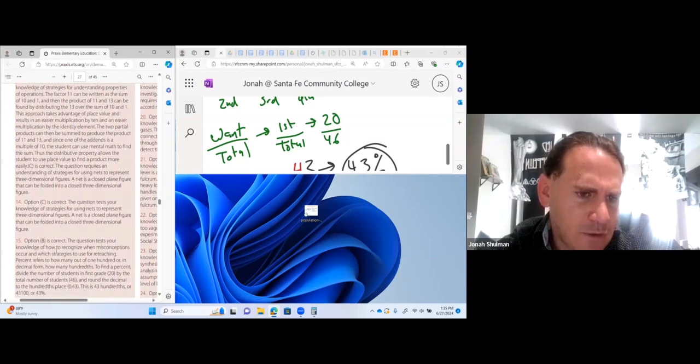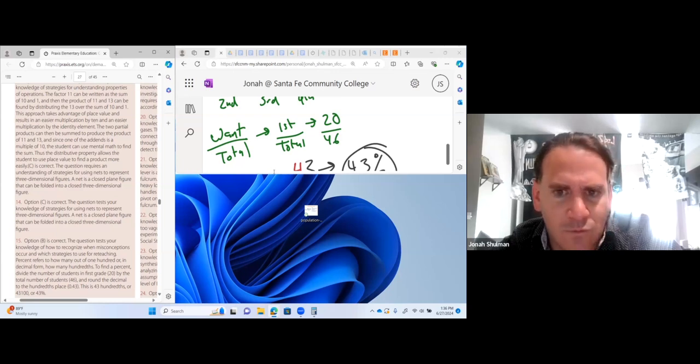The question tests your knowledge of how to recognize misconceptions will occur and which strategy you use for reteaching. Percent refers to how many out of 100 or decimal forms, how many hundreds. To find the percent, divide 20 by the total of 46. And round this number to the nearest hundredths place. This is 43 hundredths or 0.43.